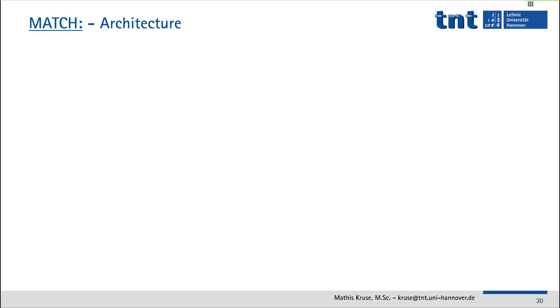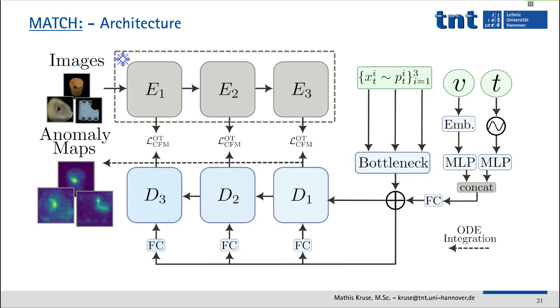So what type of architecture did we use? We used a frozen image encoder E, in our case a Wide ResNet, took 3 different layers and extracted features from these. We can also calculate our interpolations xt. Additionally, we also include an embedding V for the view we're currently looking at and T for the time step along our ODE.